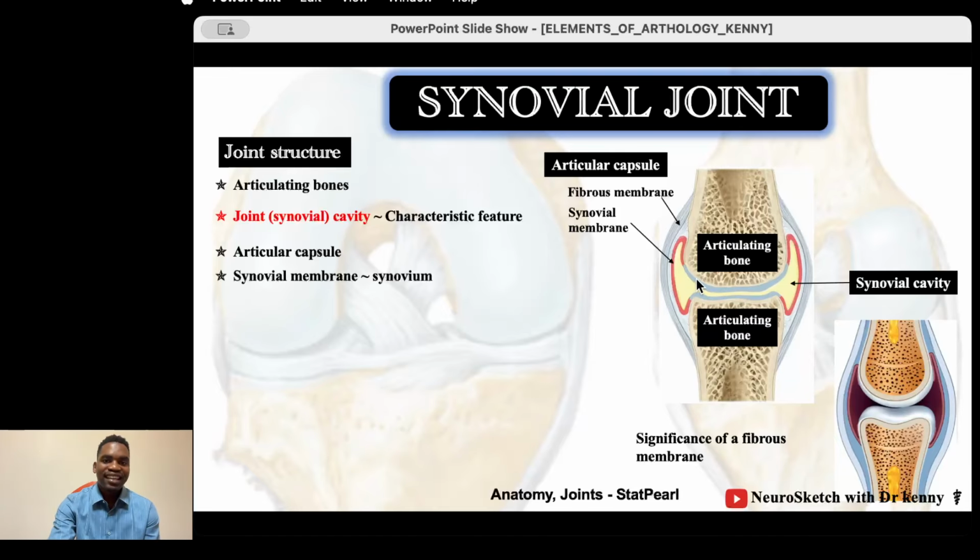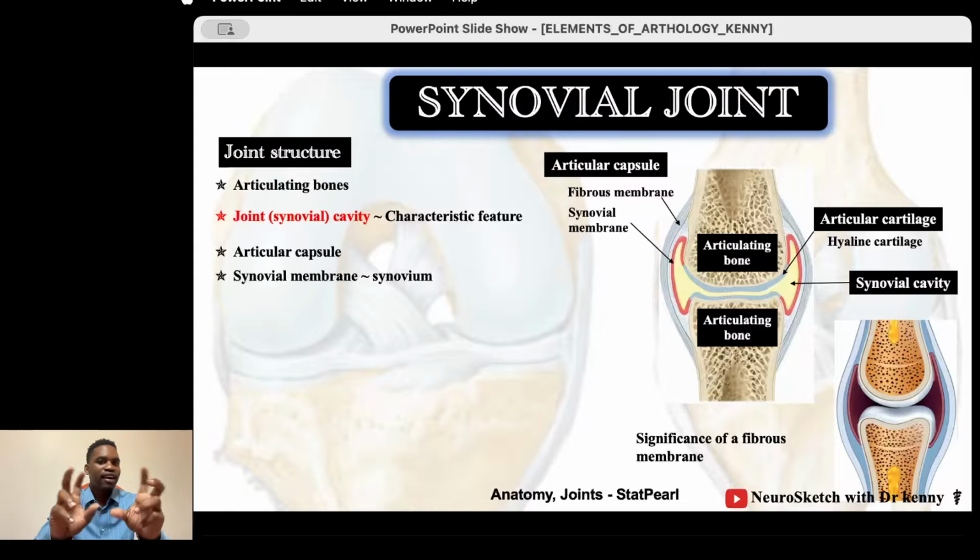And then we see the inner layer of the articular capsule is in continuation with the articular cartilage. The articulating bones are covered by articular cartilage. For example, you see this is the bone, and here we have a cartilage, and this cartilage is hyaline cartilage. But the presence of hyaline cartilage does not make this joint a cartilaginous joint. Why?